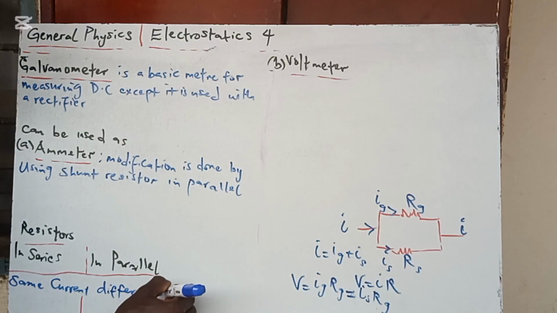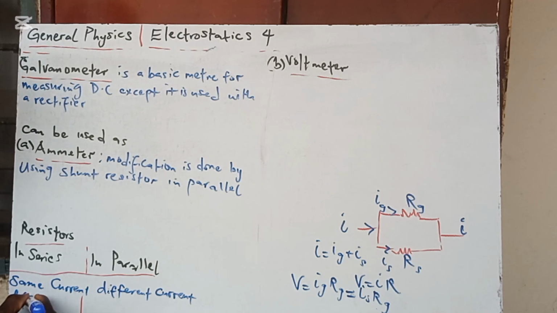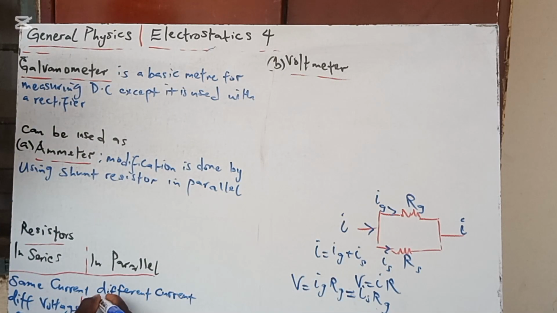In series you have different voltage, and in parallel the voltage is the same. When calculating resistance in series, it's the sum, so RT is R1 plus R2 and so on.